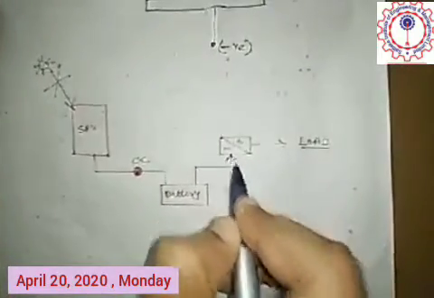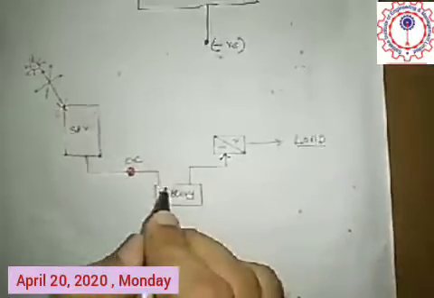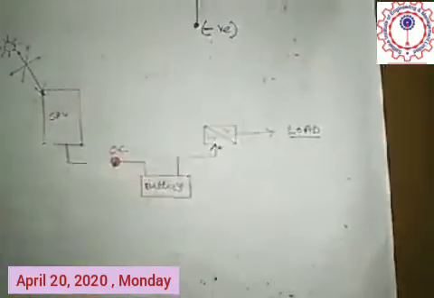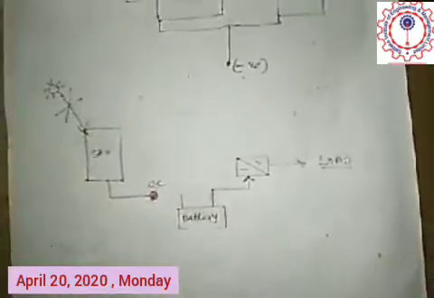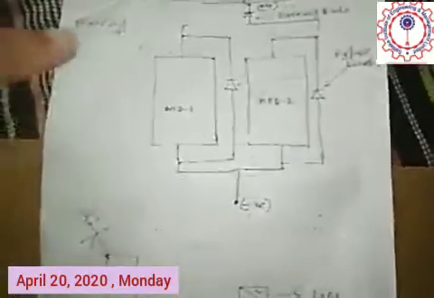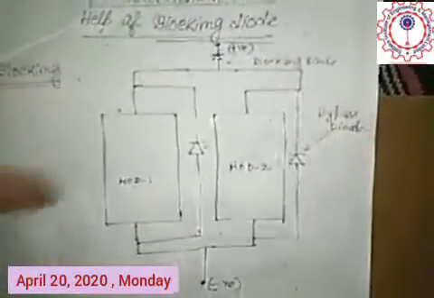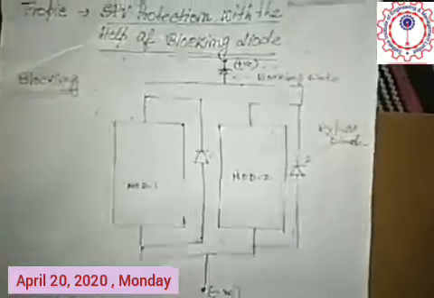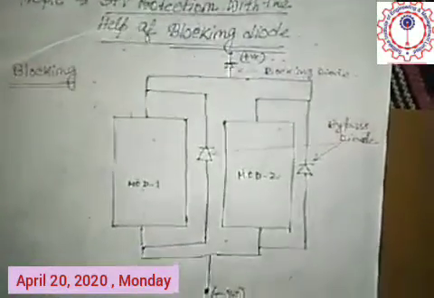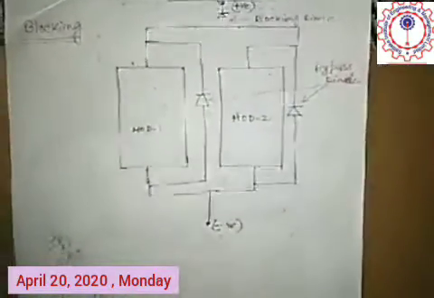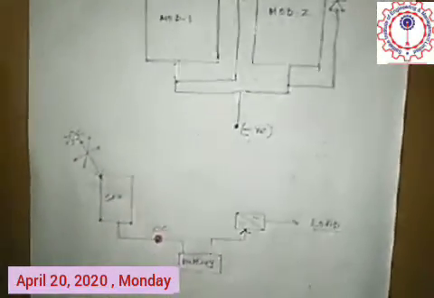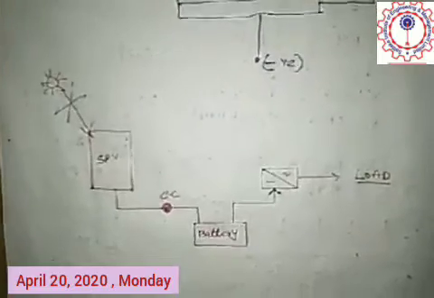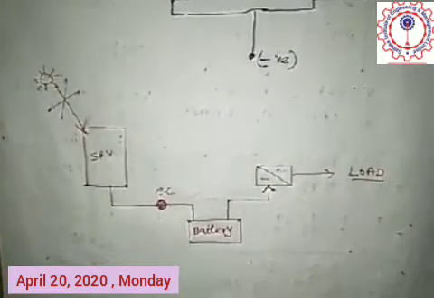flow through the inverter, and at that time if we do not arrange any blocking diode, the battery charge will flow across the module. That's why the charging energy will be totally lost across the solar cell, because we know every solar cell has some internal resistance.